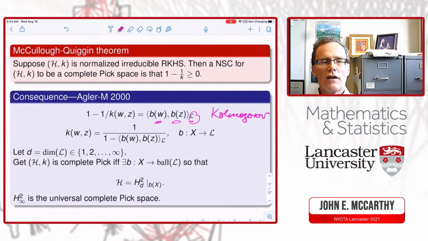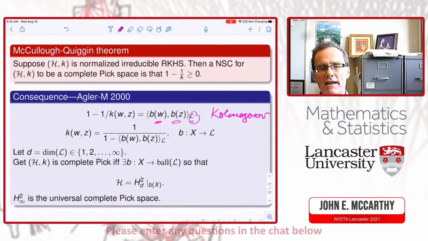So you conclude that a space is complete Pick if and only if you can find this embedding B that sends X into the ball of a Hilbert space, so that your Hilbert space H is the restriction of the Drury-Arveson space to the range of B. Now you can always embed in larger and larger d, so the largest one is if you take d to be infinity.